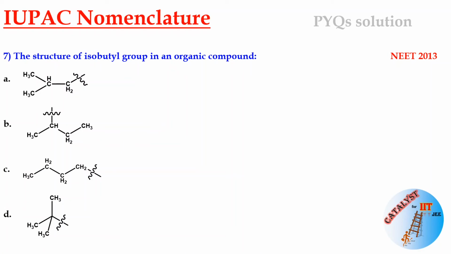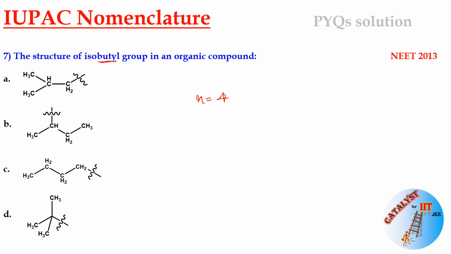So you have to decide what is the structure for your isobutyl group. In my first or second lecture, I told you all the structures for your substituents, in which I also introduced your isobutyl group. So isobutyl, butyl means the number of carbons in your substituent will be 4.